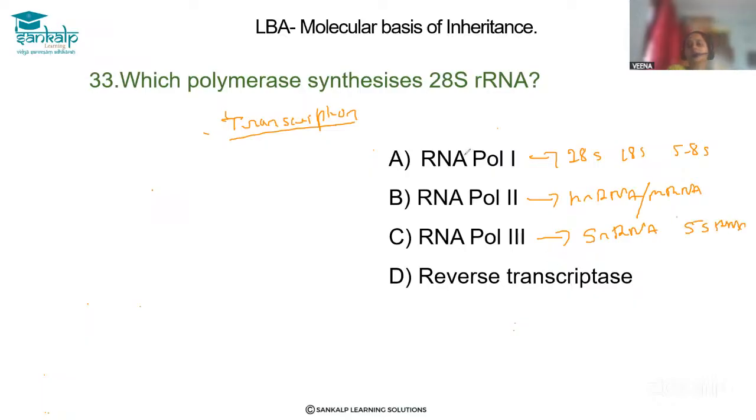So these three are involved in the synthesis of these different RNAs. Here reverse transcriptase is not a correct answer, as that is another mechanism. So the correct answer is RNA polymerase 1, which is synthesizing 28S rRNA.